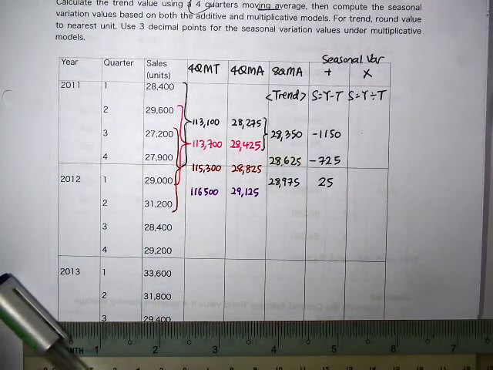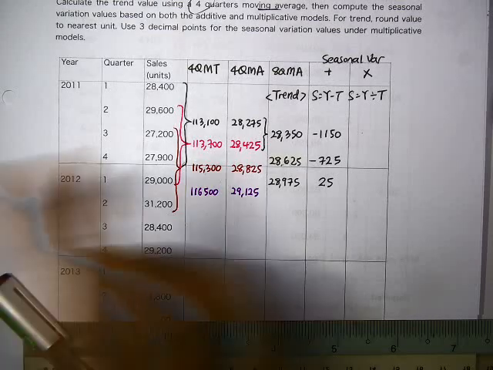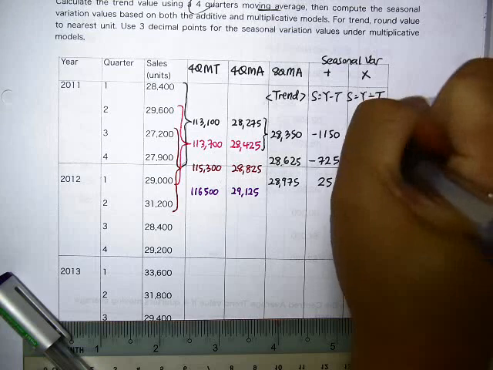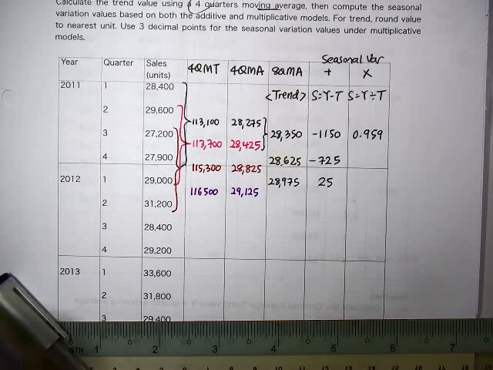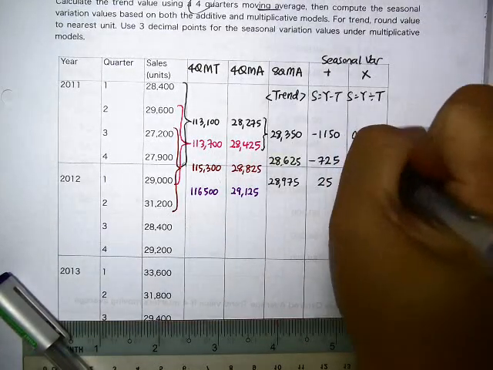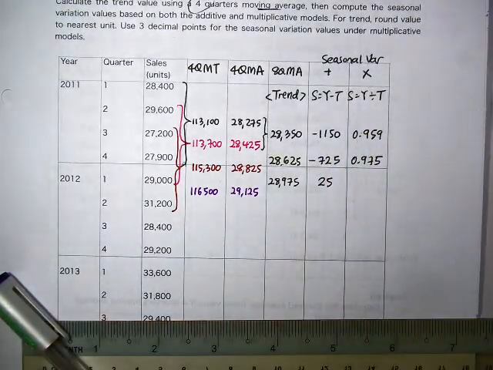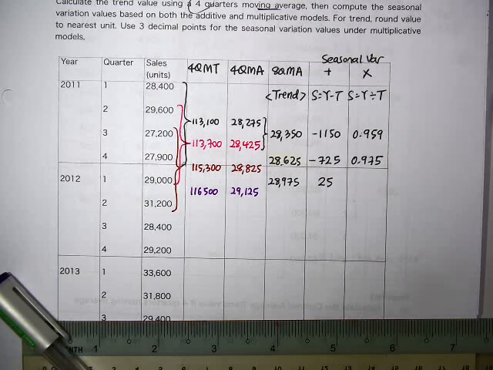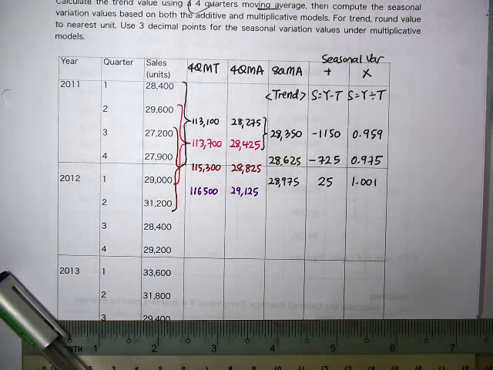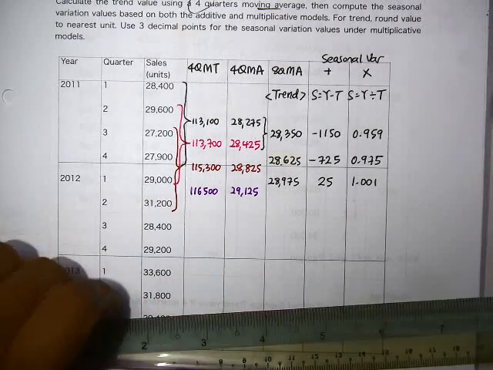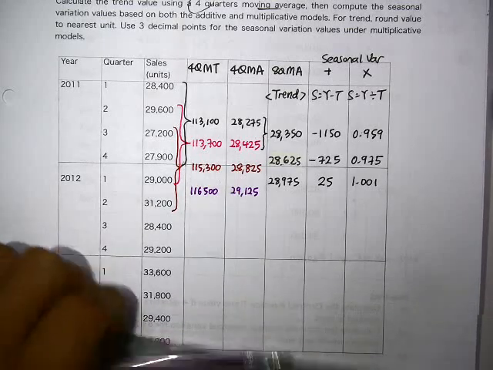Okay. Now likewise, if you do it again by dividing them, you get 0.959, 0.975, 1.001. Okay. Now I won't need to go on with everything because the rest is all mathematics. You just need to know the technique.